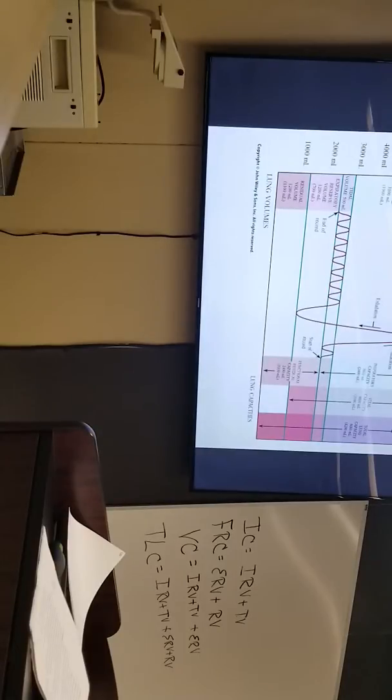Then total lung capacity just adds all the different volumes together, all four: inspiratory reserve volume, tidal volume, expiratory reserve volume, and residual volume. We're just adding them all together. Make sure you look it over again, because once again, you will see this on your lecture test.